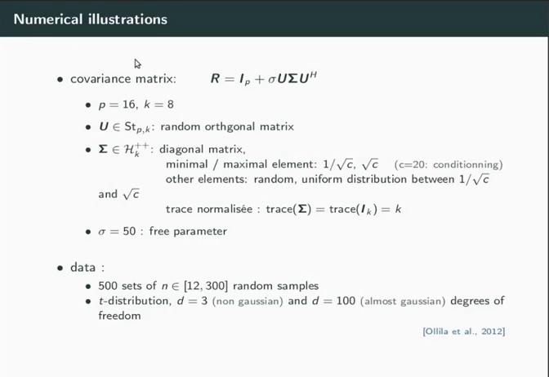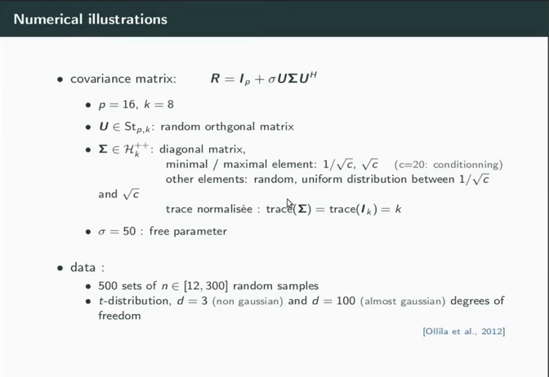So the covariance matrix R here is simulated according to this model. We have the identity matrix, and then we have some random orthogonal matrix. We have a random diagonal matrix also, and we control the conditioning of this diagonal matrix, which is equal to C, and we chose C equal to 20 here.